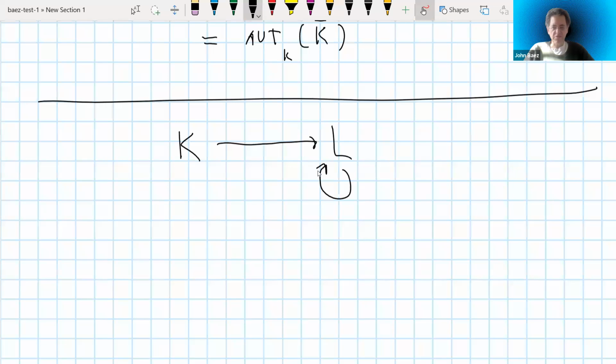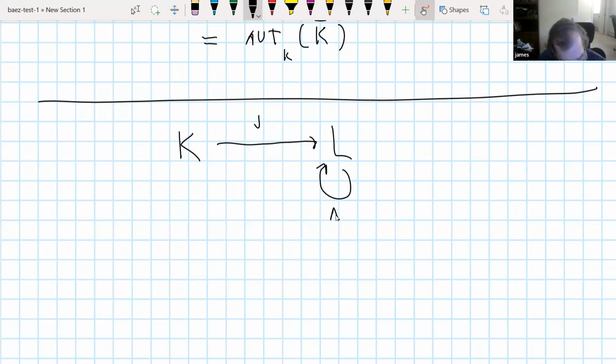Well, the Galois group of L over K is Z mod 3, so Z mod 3 is acting on L in a way that fixes K. Maybe I'll give it some ad hoc name A. A cubed equals 1. I'm not guaranteeing that A isn't 1, but A cubed is 1.